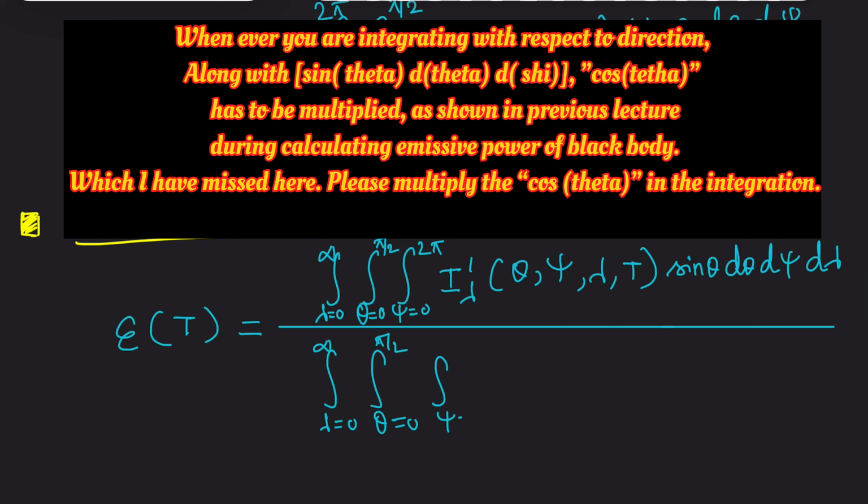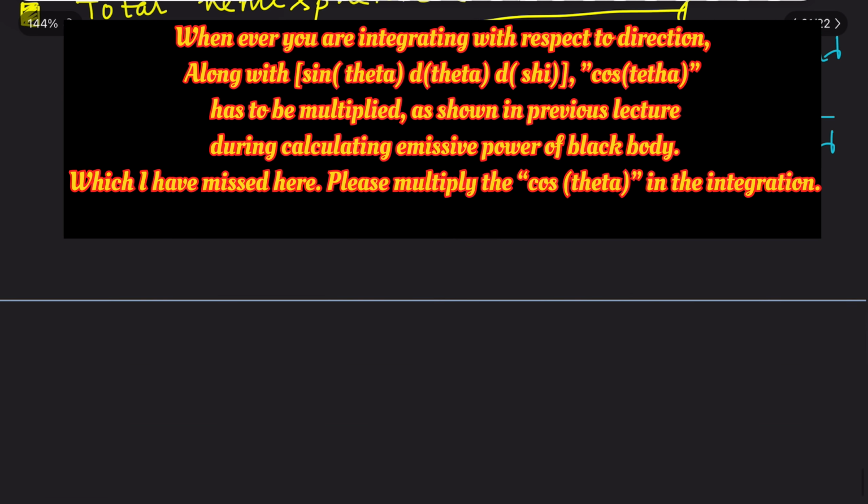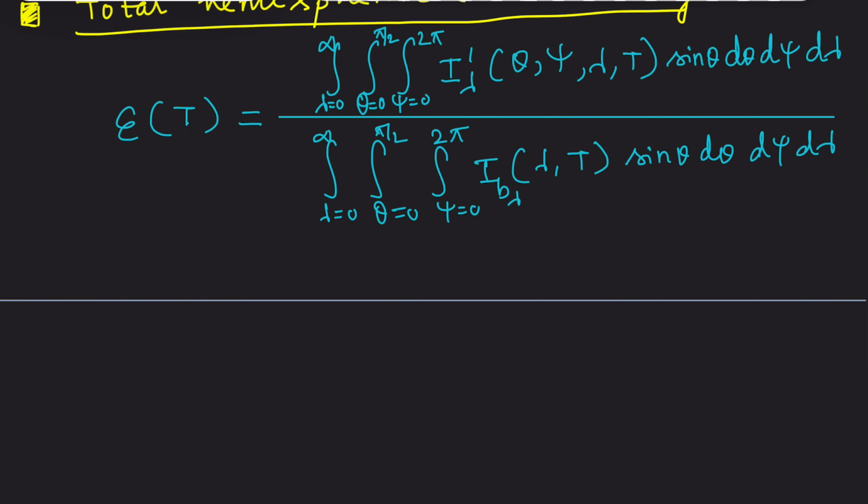In the denominator we have the black body intensity, which does not depend on theta and psi, that is I b lambda, again with sine theta d theta d psi d lambda. So that will be nothing but pi I b.